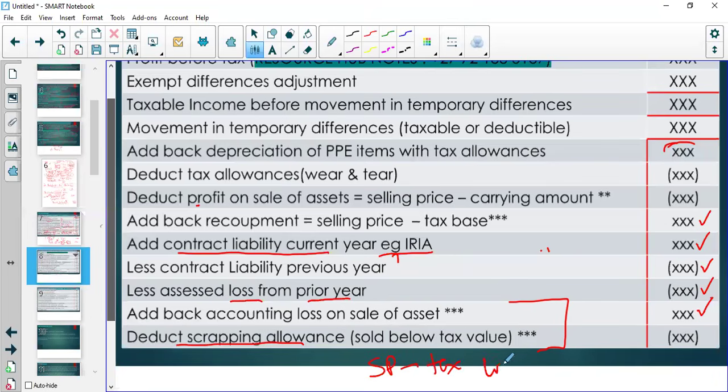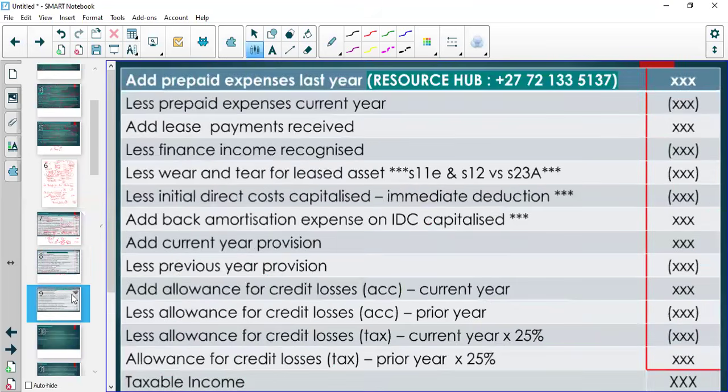Right? The loss you make if the selling price is below the tax value is called scrapping allowance. That is what you are allowed to deduct. You're not allowed to deduct accounting loss. You're allowed to deduct tax loss. Okay, so you will have this and use it.